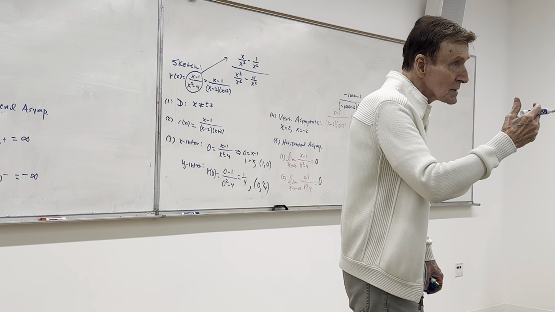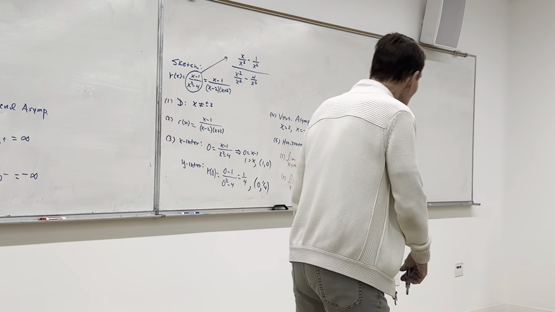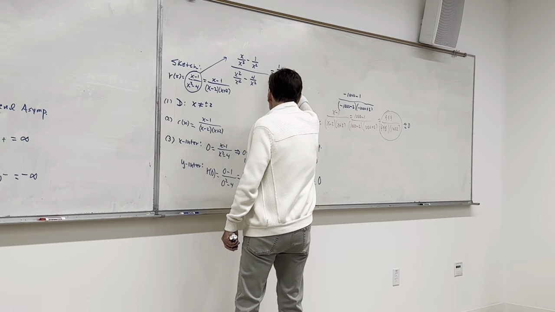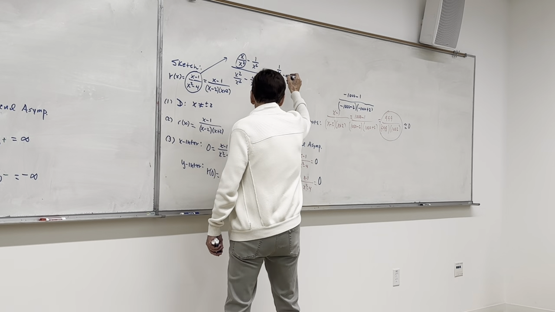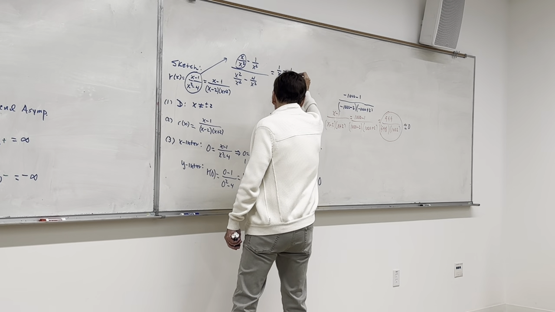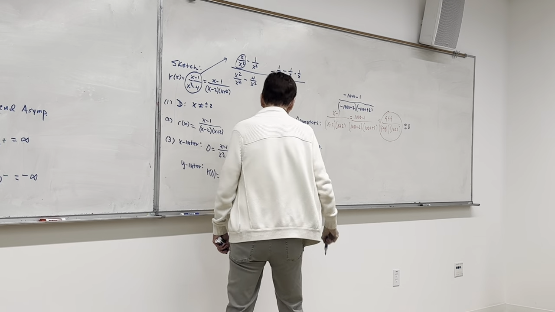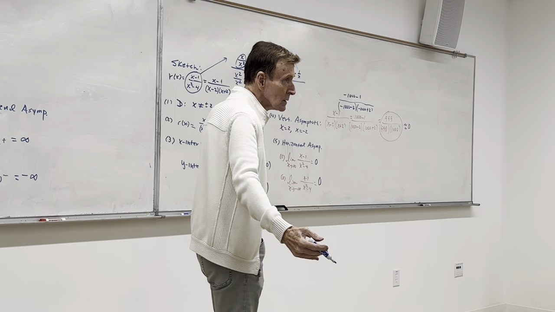First find the highest, then divide everything by it. Now clean that up. If I clean this up, this is 1 over x from algebra. I could write it for a reason as 1 over x times 1 over x. That's 1 over x squared.